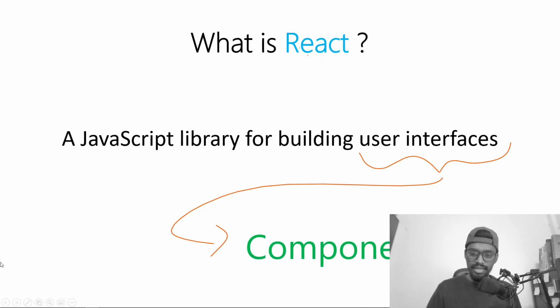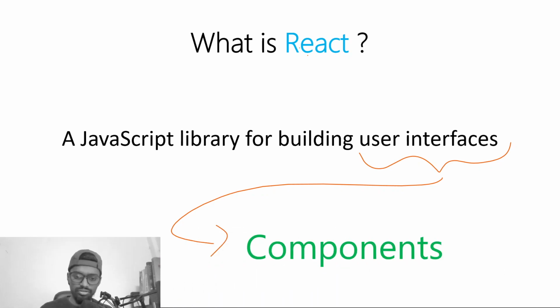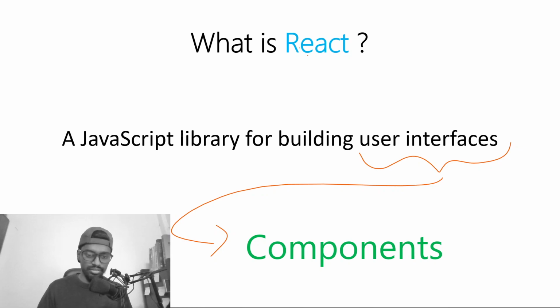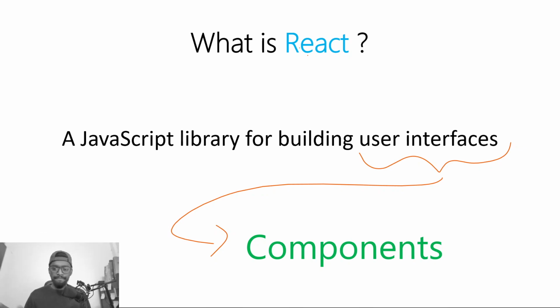So let's go to the next point, that is user interfaces. Let me go a bit smaller so that you can see some of the things out here. As the name suggests, user interface: the interfaces that a user sees when they interact with the system or any application is known as the user interface.